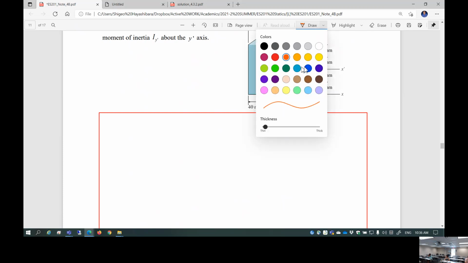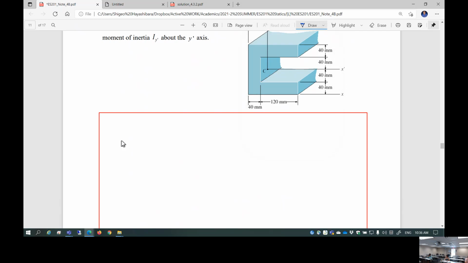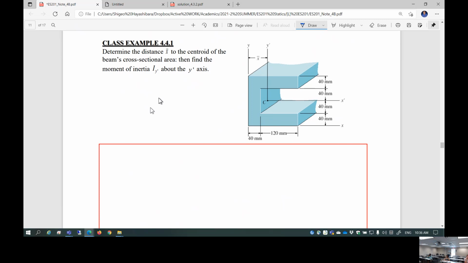It's my second nature, solving composite problems using a table. This is some kind of C-type structure. Determine the distance x bar to the centroid of the beam's cross-sectional area. Then find the moment of inertia Iy prime about the y prime axis, which is the centroidal axis.